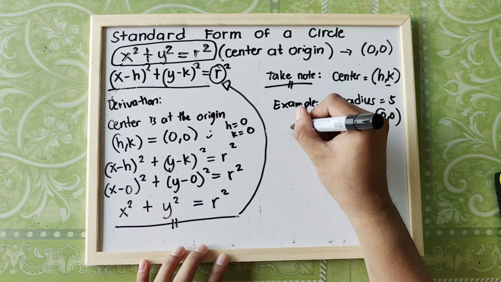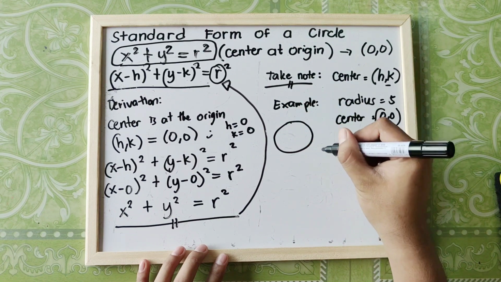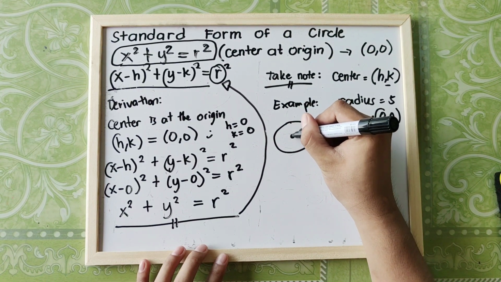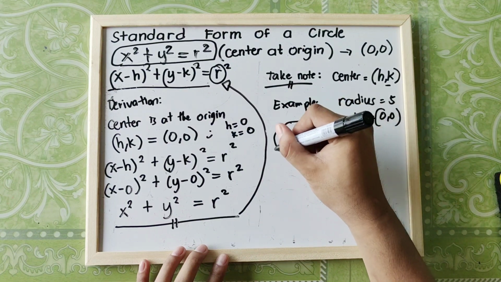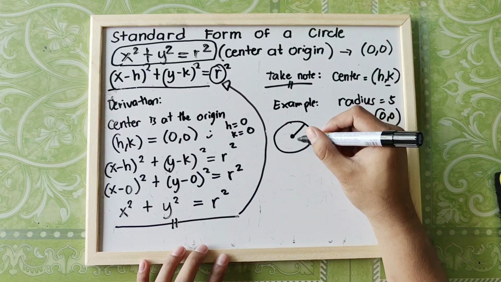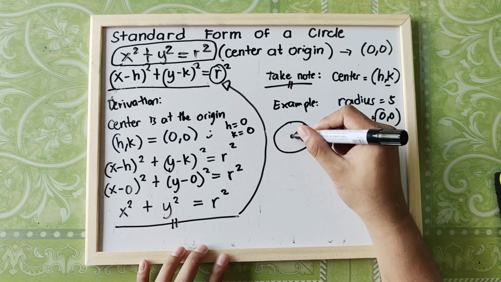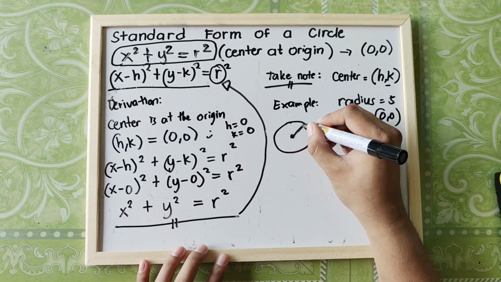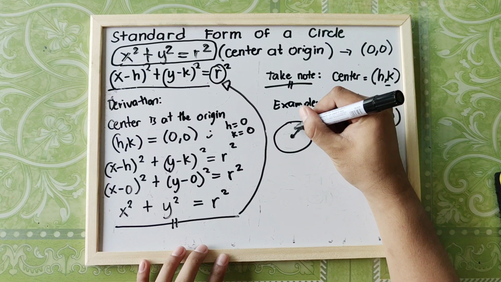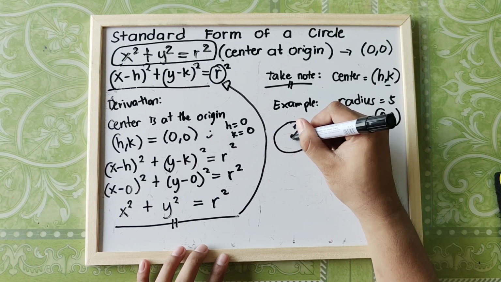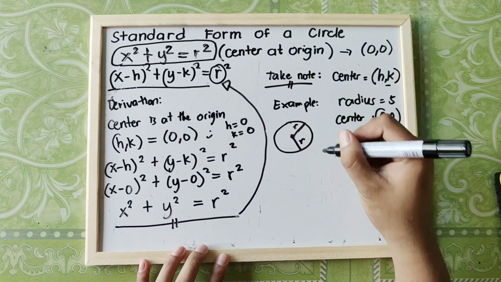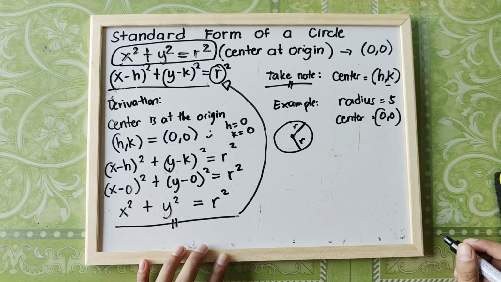Radius is the distance from the center of the circle to any point on the circle. I repeat, the radius is the distance between the center of the circle to any point on the circle. So this is the radius. Another radius, distance from the center to any point. So that is another radius.